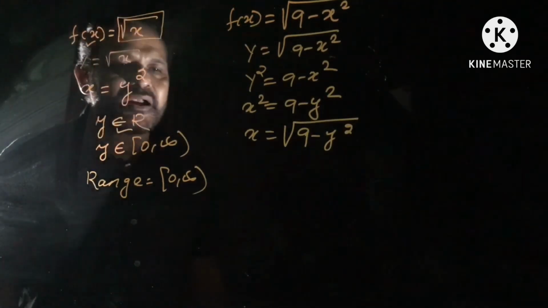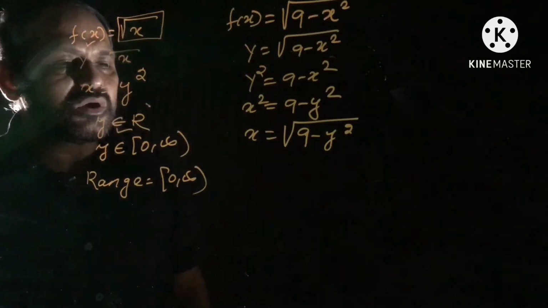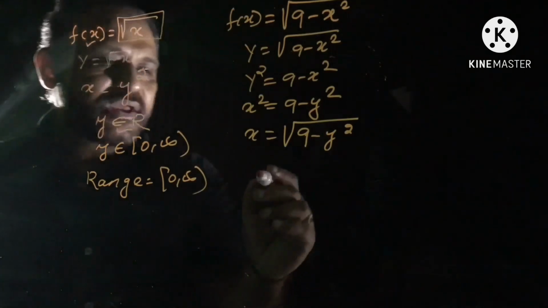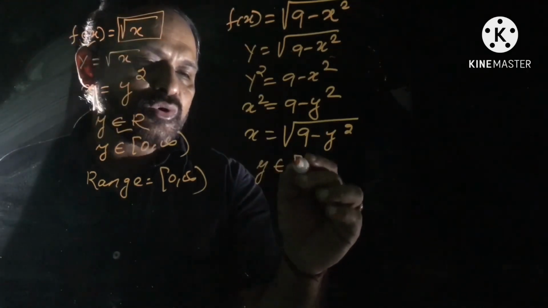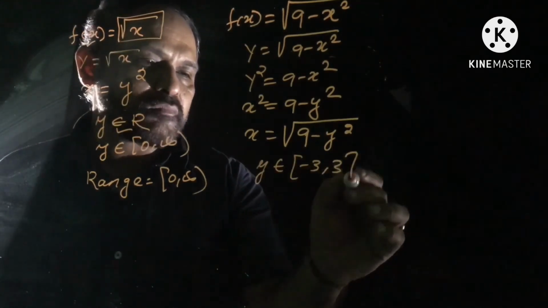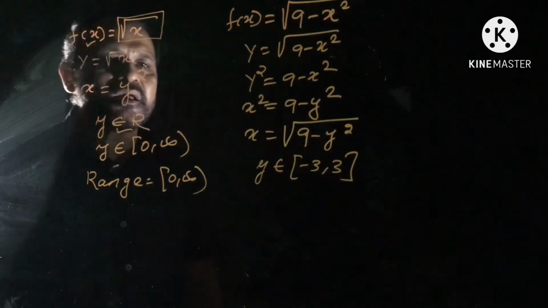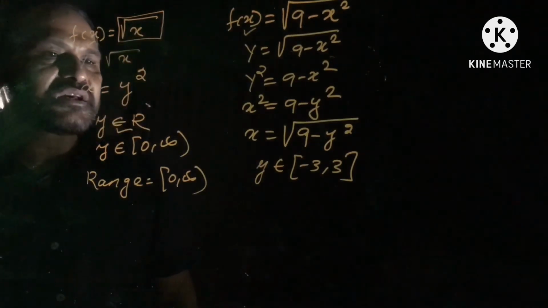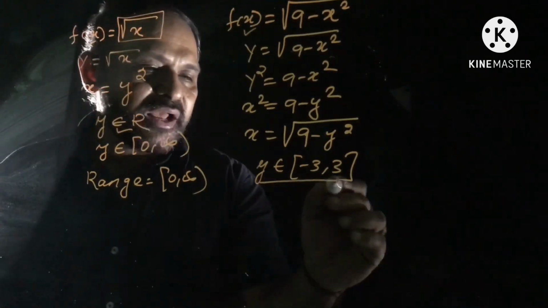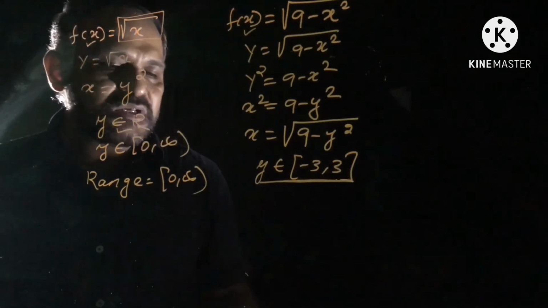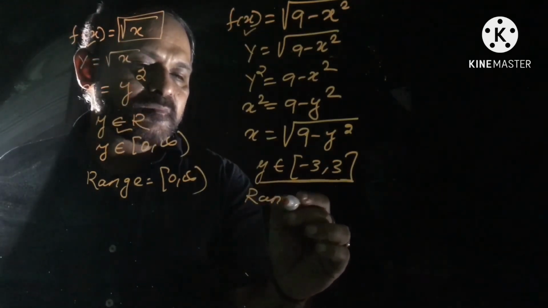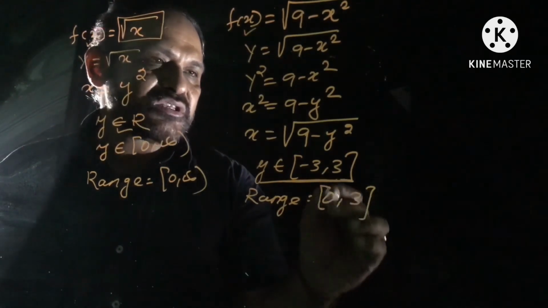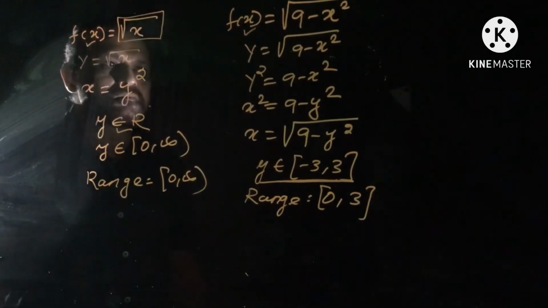Now we have to find out the values of y for which square root of 9 minus y square is defined. We get y belongs to minus 3 to 3. Similarly, here f of x is the positive square root of 9 minus x square, so we have to take the positive value of this. So the range is, positive value means 0 to 3.